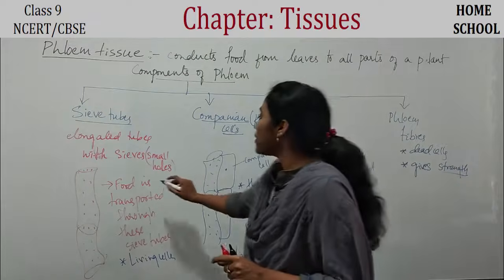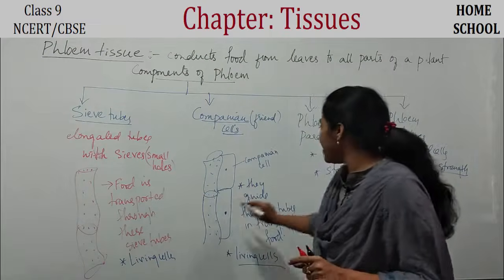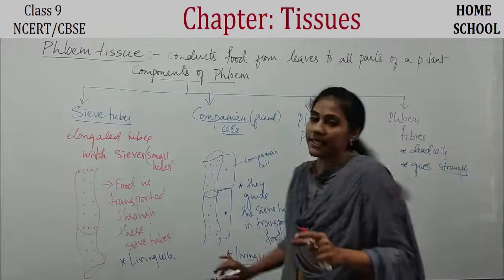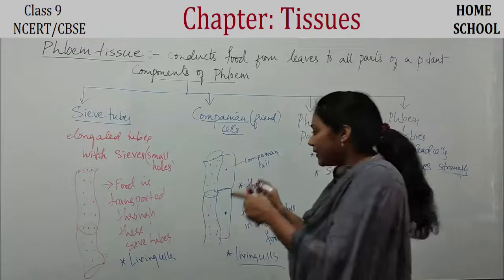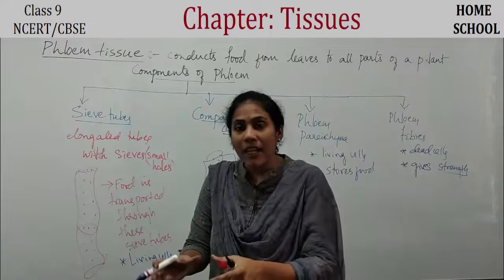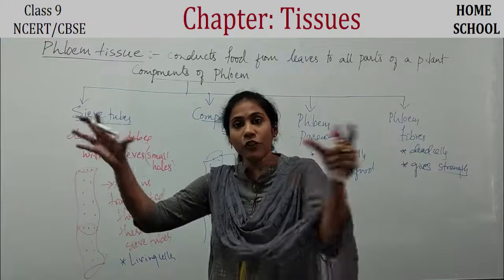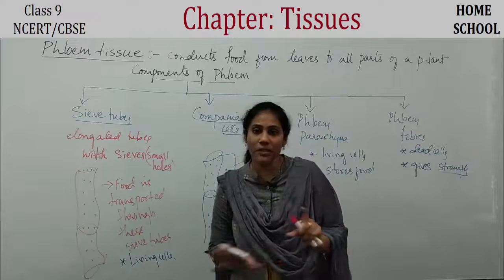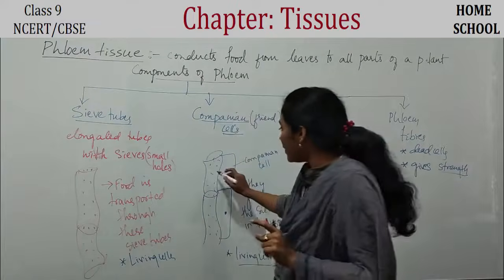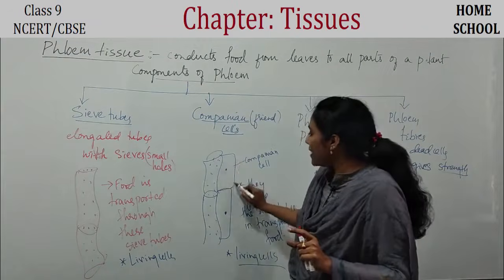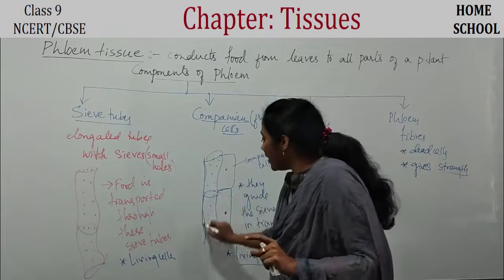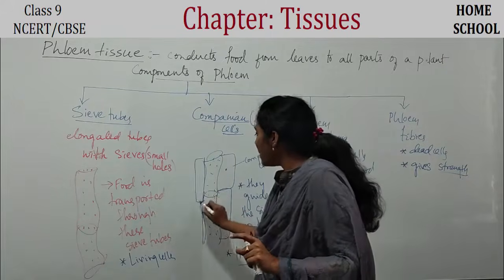Okay, say sieve tubes, companion cells, parenchyma, phloem fibers, all are present together. This is present as a bundle, and this bundle is present in almost all parts of a plant. So these are sieve tubes. Each and every sieve tube is associated with one companion cell, and somewhere here you will find the parenchyma cells.